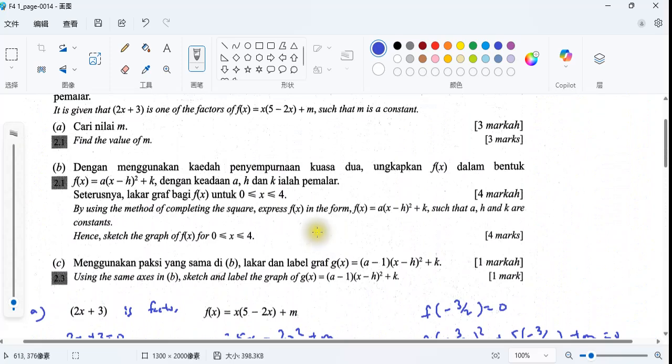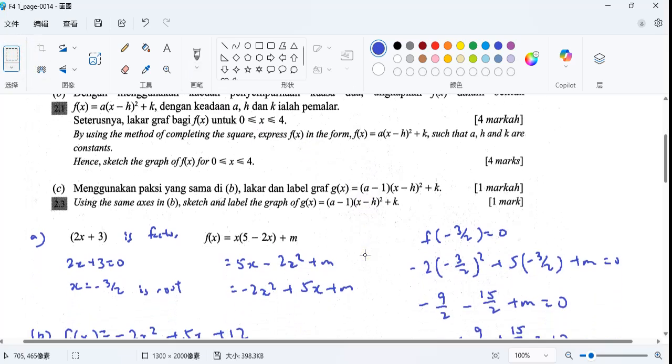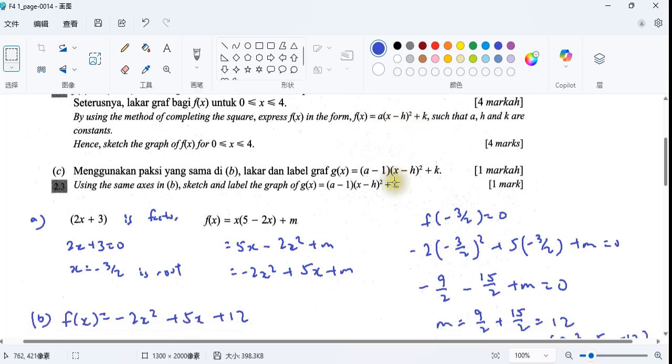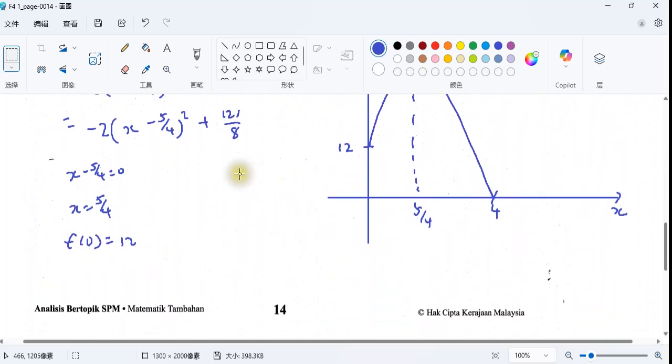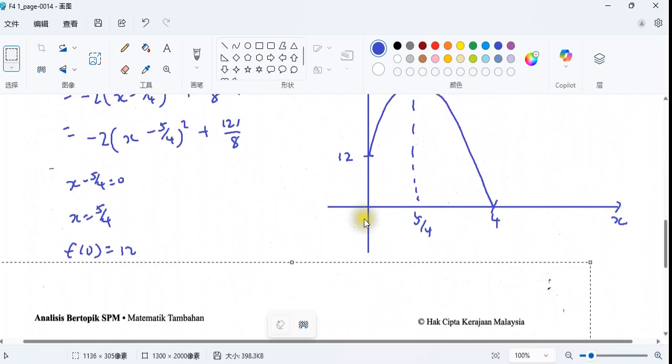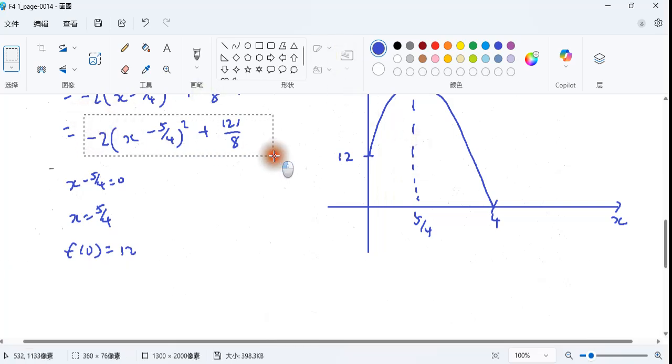Using the same axis, sketch g(x), which is a minus 1 times (x minus h) squared plus k.